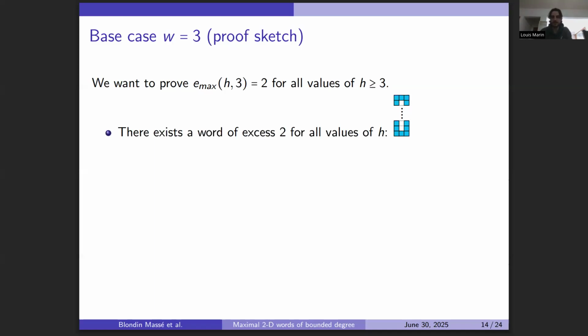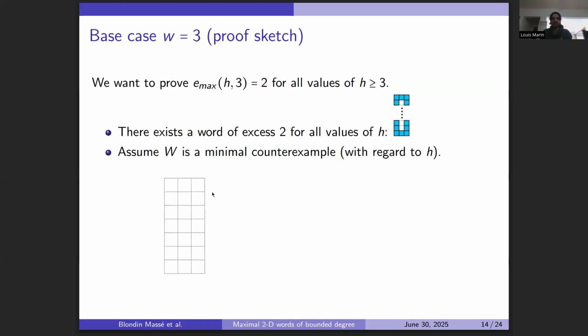And for any h. Now, to prove that it's maximal, that you cannot do better, we will just proceed by minimal counterexample with regard to h. So assume that there exists such a word that has excess 3 and has minimal h.